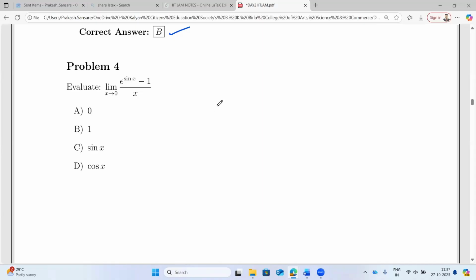Okay, e power sin x. Well, I know the expansion of e power x. We have already written it. It is 1 plus x plus x squared by 2 factorial plus x cubed by 3 factorial, and so on and so forth. Now instead of x, I'll put sin x.